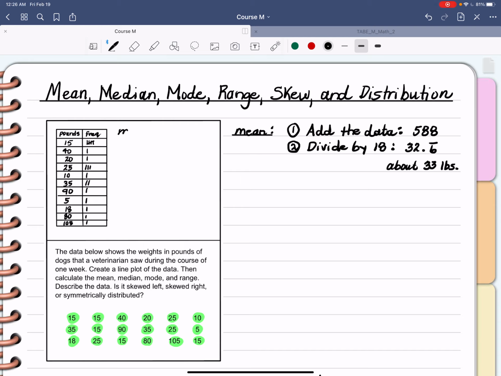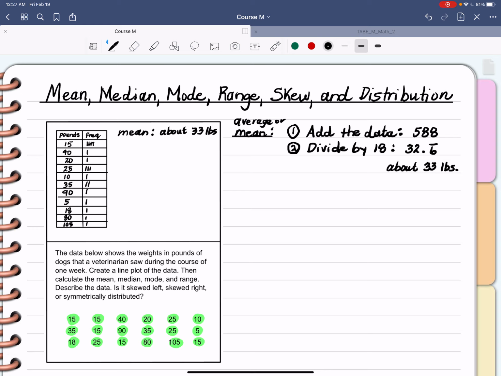So the mean, which is another word for average, is about 33 pounds. And mean is another way of saying average. They could have you to find the average or the mean, and it's the same thing.